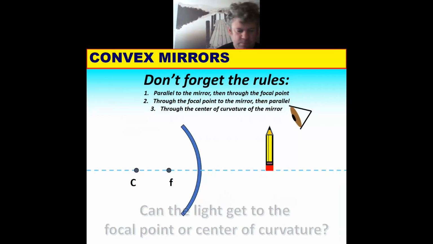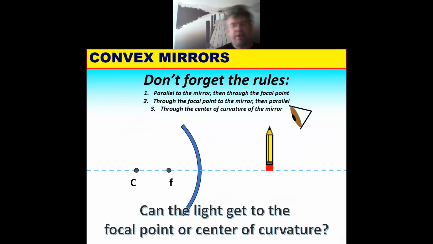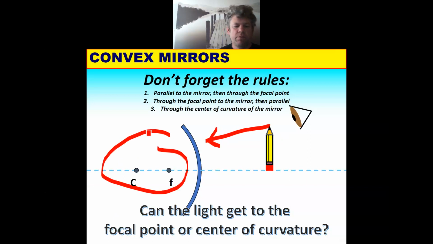Now, a couple questions for you. Can the light get to the focal point or the center of curvature? When we look at this light being shown through here, something to think about is this. When we shoot this light this way, as it hits the mirror, is it going to be able to go through to this backside?